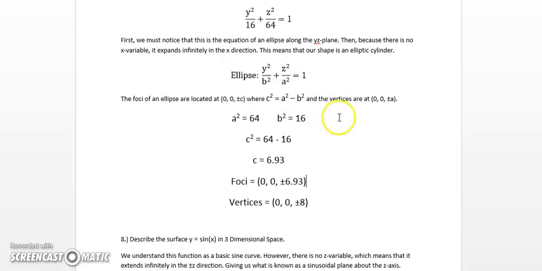We don't even need to solve anything really, except for taking the square root of a squared. It involves even less work. a squared in this case is 64, so the vertices are plus or minus 8. So we see that our foci are 0, 0, plus or minus 6.93, our vertices are 0, 0, plus or minus 8, and our shape is an elliptic cylinder.